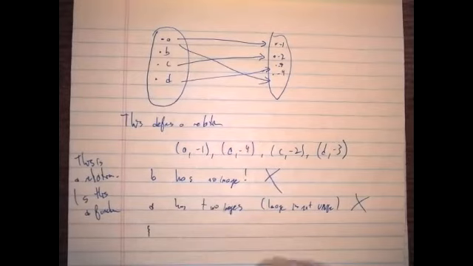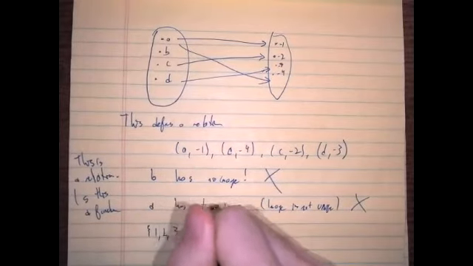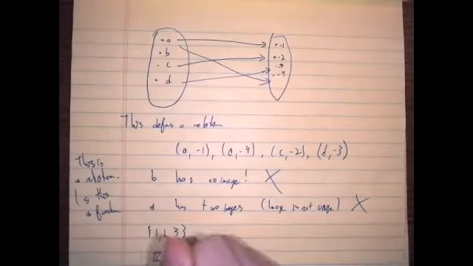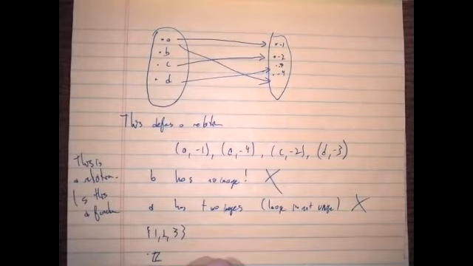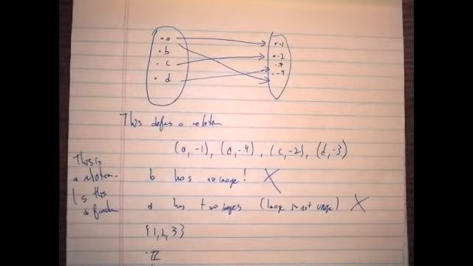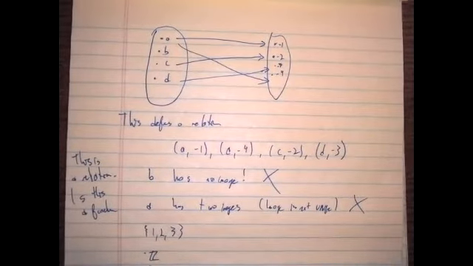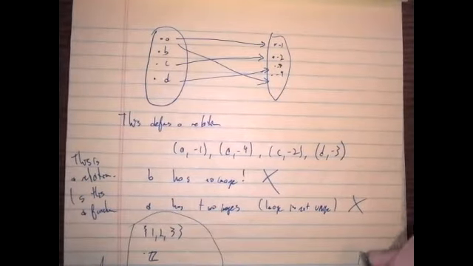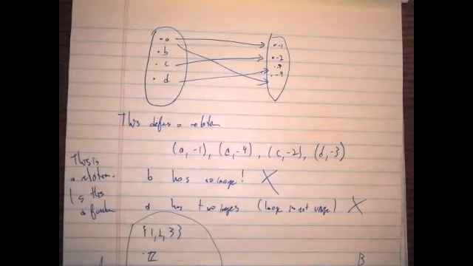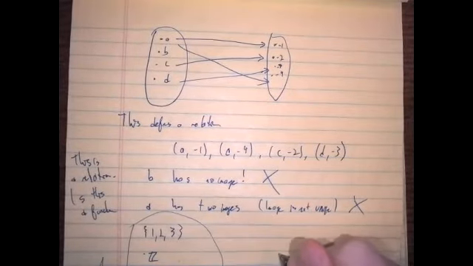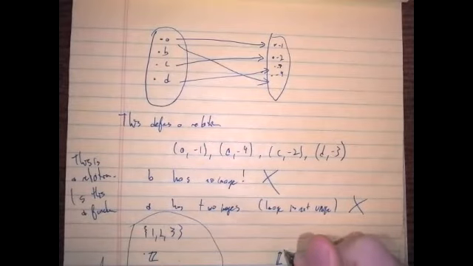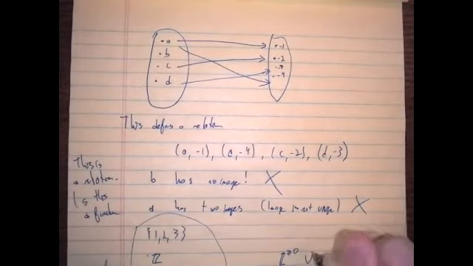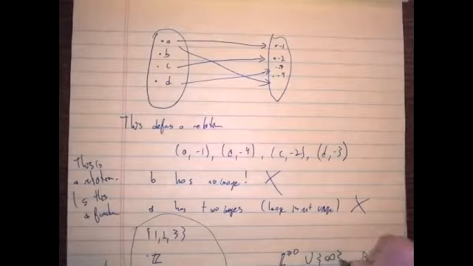Let me do the sets {1, 2, 3}, and the set Z, and the set R, and the set {1, 2, 3, 4}. And then this is going to be my set A. And I'm going to have a set B, which is going to be the non-negative integers, that is greater than or equal to 0, union the symbol infinity.